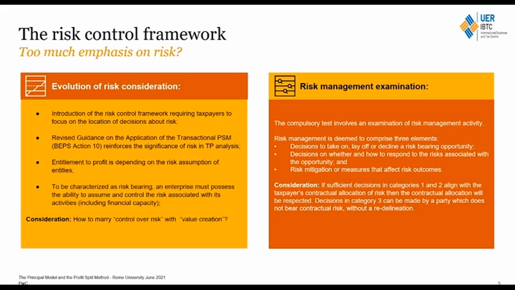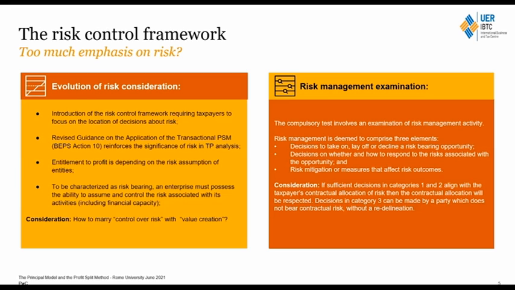We understand that, but now when I look at how the risk control framework is drafted, we know that to be characterized as risk bearing, and that's my fourth bullet on the left, an enterprise must possess the ability to assume and control the risk associated with its activities, including the financial capacity. And the financial capacity means the capacity to have access to independent sourcing.